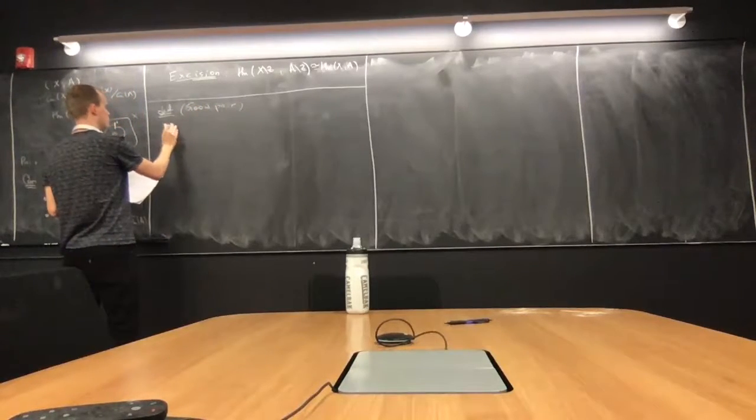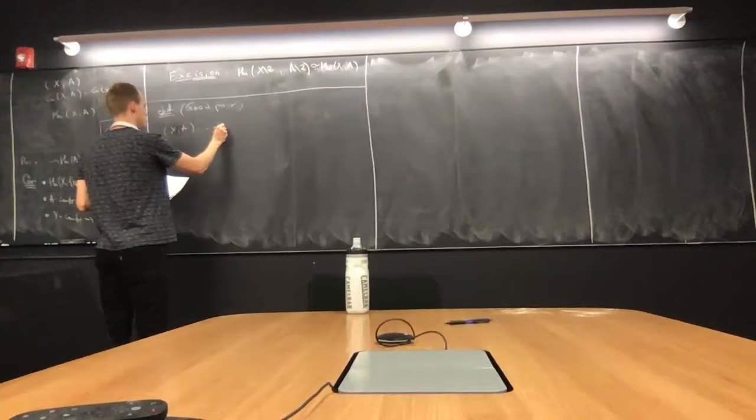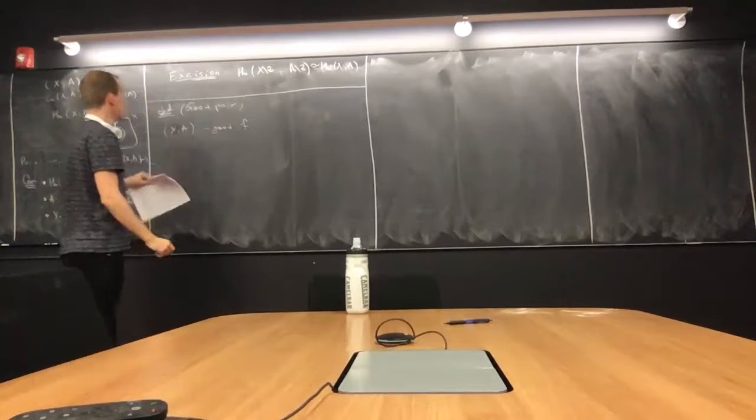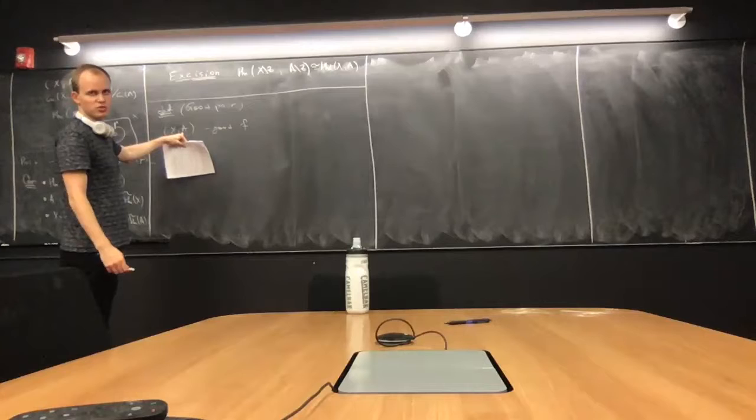Okay. So now let me define a good pair. So (X, A) is called a good pair if A is a deformation retract of an open set.